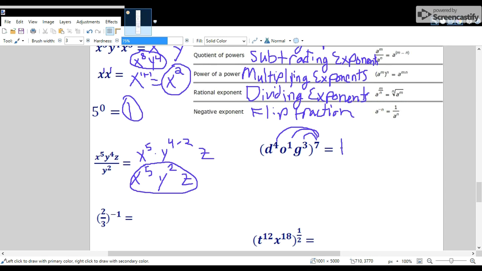So we have d to the 4 times 7 times o to the 1 times 7, and then times g to 3 times 7. So your simplified form would be d to the 28th power times o to the 7th power times g to the 21st power.